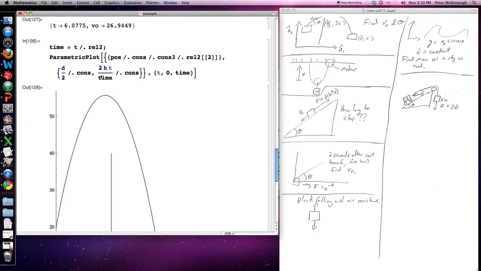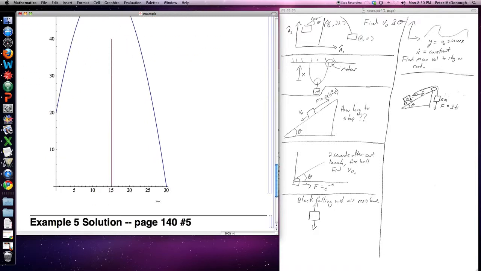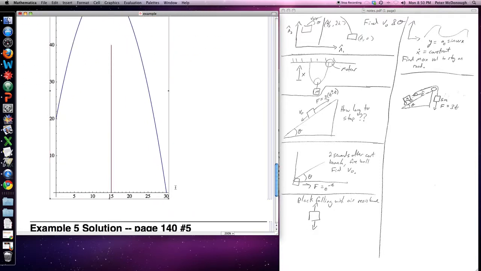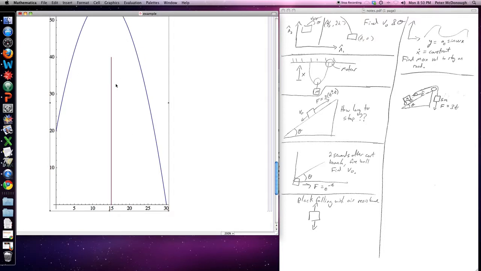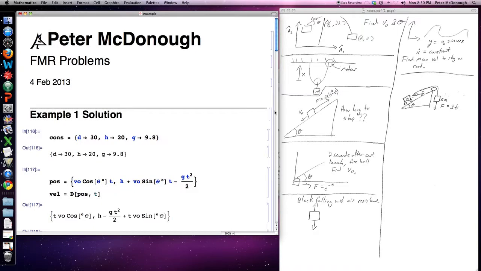And I'll come down here for my final plot, and yeah, now I've got a lower 6 seconds in the air, but I still clear the wall, and I still come down and hit my 30 mark. I've just got to launch the ball a lot higher into the air to clear the obstacle this time. So a tricky problem for sure, but with a little manipulation, you're able to figure it out.